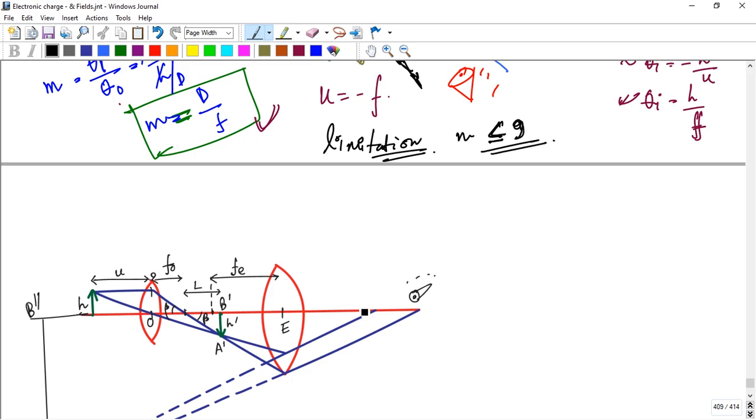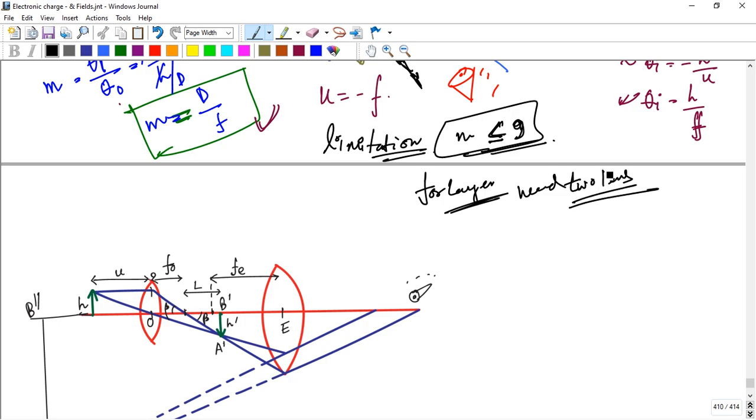Okay, for larger magnification, we use two lenses.